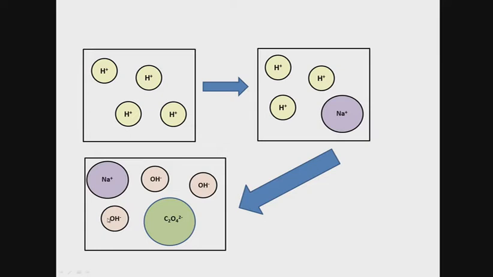Please remember, OH minus ions are also highly mobile, and therefore, you would expect beyond the second equivalence point, there will be an increase in the conductance of the solution.